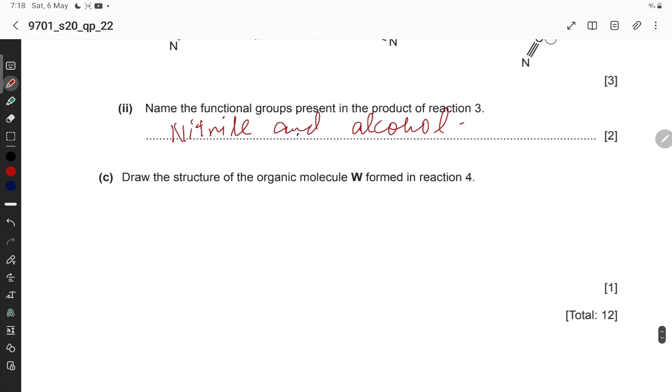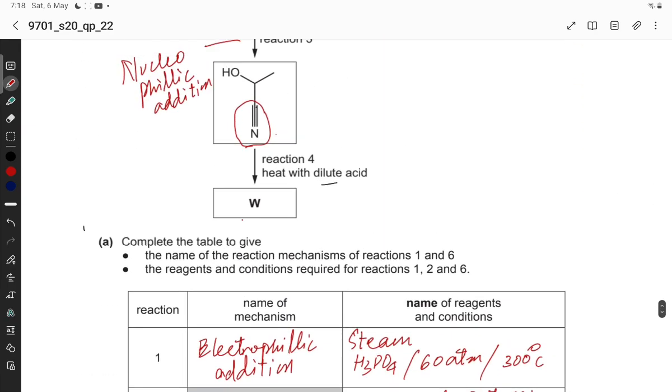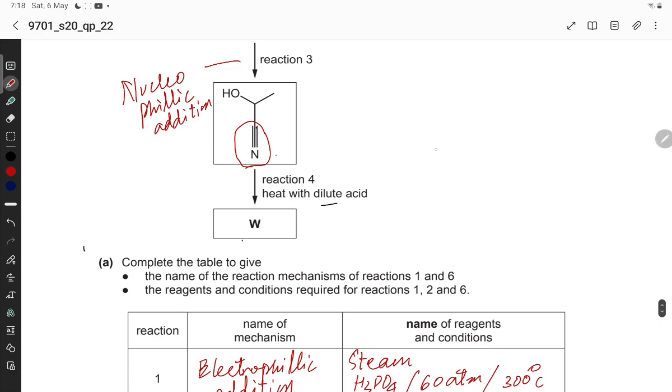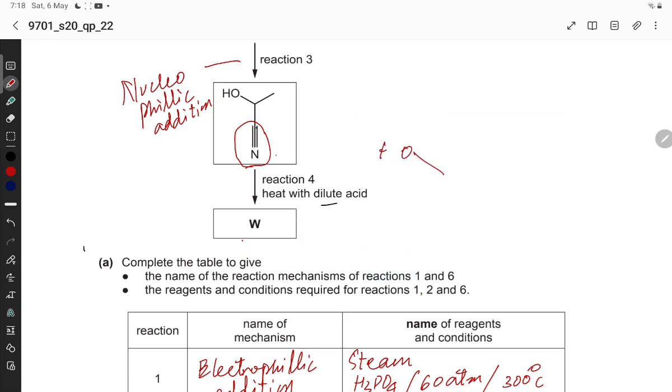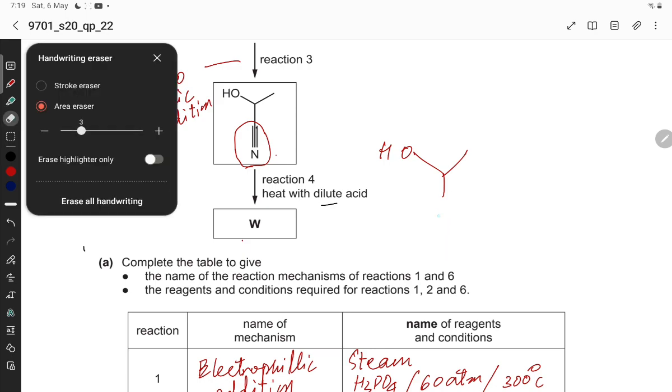Draw the structure of the organic molecule W formed in reaction 4. This is reaction 4. So this is OH, skeletal formula.